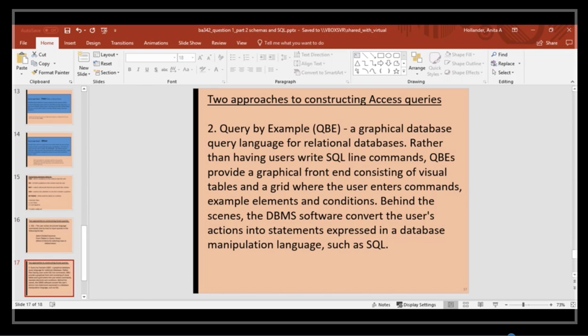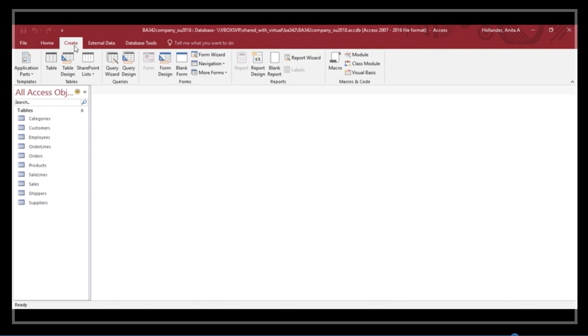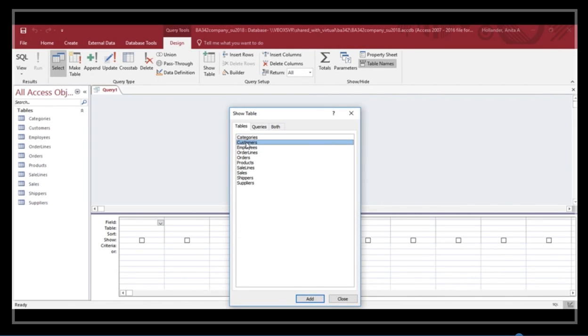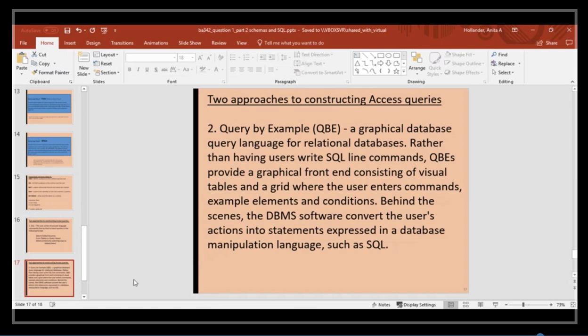And a QBE grid is very helpful because I can go in and create a query using dragging and dropping, and once I drag and drop, as we'll see when we do these, then Access will write the SQL commands for you behind the scenes. And you'll see that as you go through the class examples that we do.